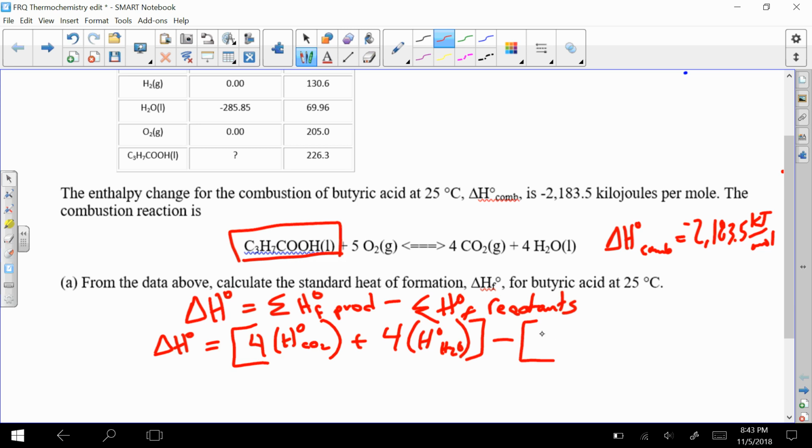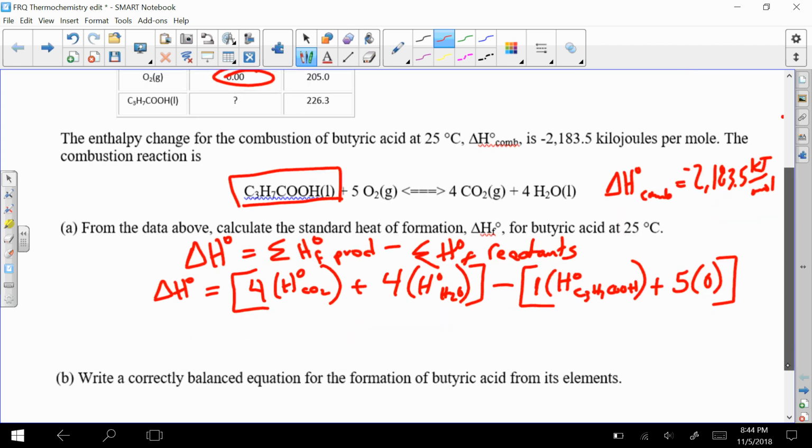So we have 1 times the enthalpy of formation of our butyric acid, and you don't really have to write the 1, I'm just writing it so you know. Plus we have 5 times the enthalpy of formation of any element, which is 0, because we're forming that element from the element, so there's no reaction and the value is 0.